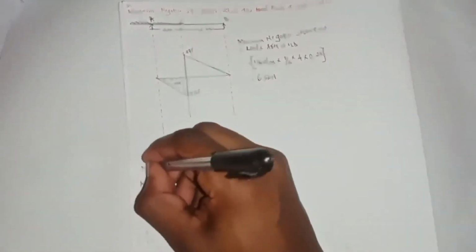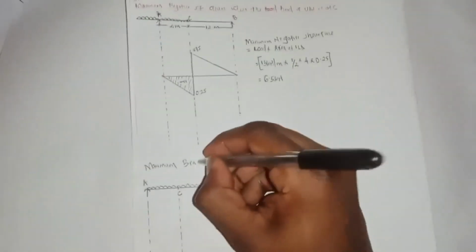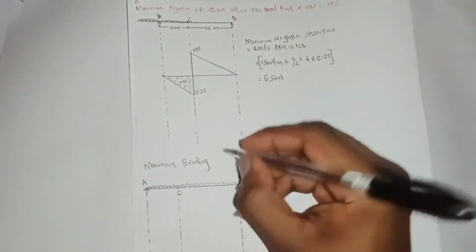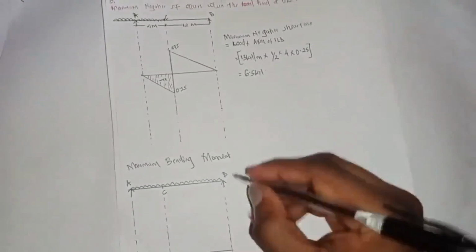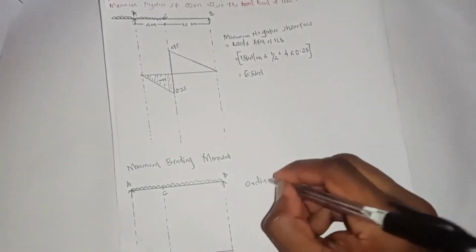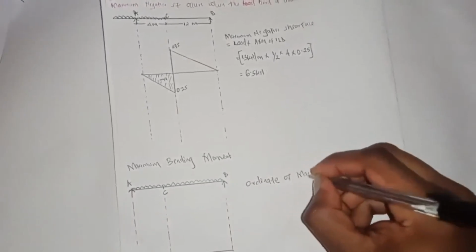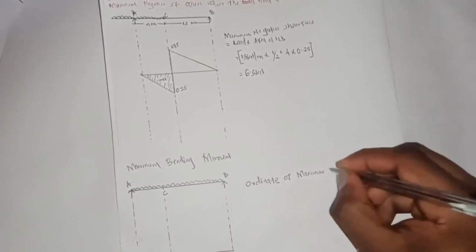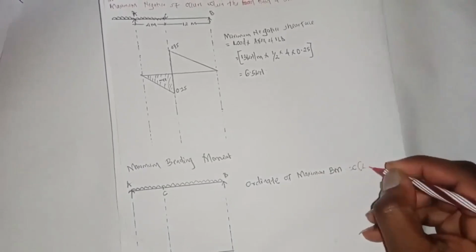This is the maximum bending moment. So the ordinate for maximum bending moment equals x into L minus x all over L.